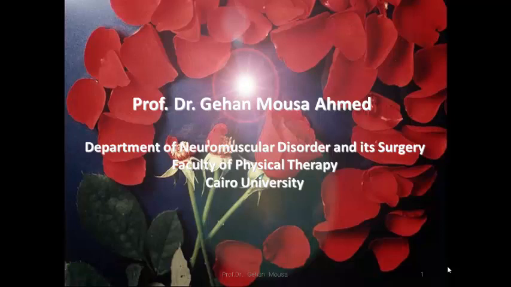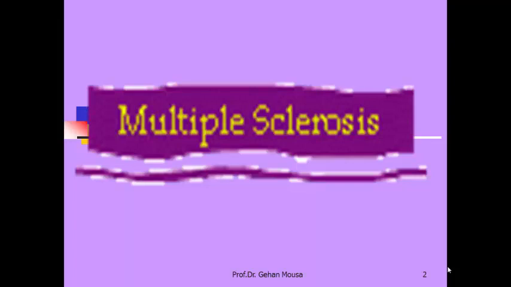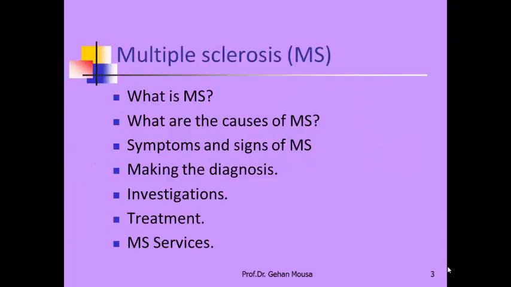The subject we are going to discuss now is multiple sclerosis. In this lecture, we will explain in detail everything about multiple sclerosis or MS. What is MS? What are the common causes and theories of the pathology of MS? What are the common symptoms and signs of MS?